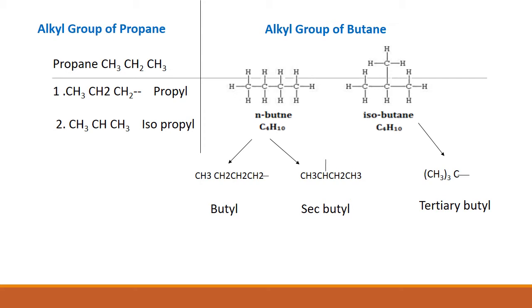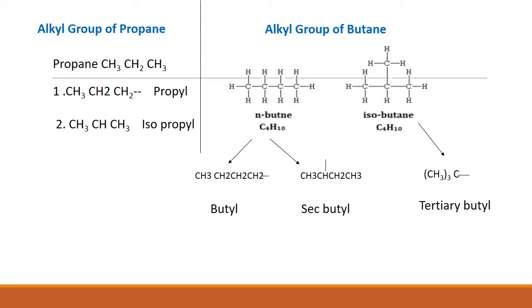Number 1, propane. Propane has the formula CH3CH2CH3. There are 3 carbons, and the removal of H may be from number 1 or number 3 carbon, meaning terminal carbons, and may also be from the central carbon, second number carbon.